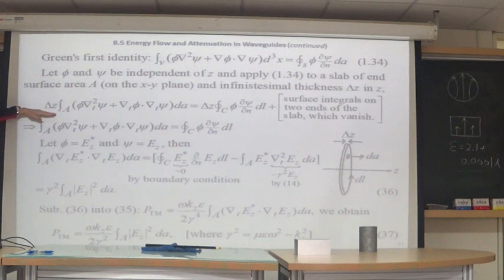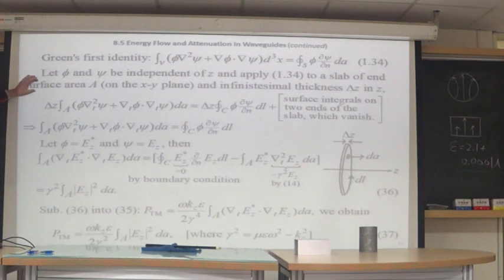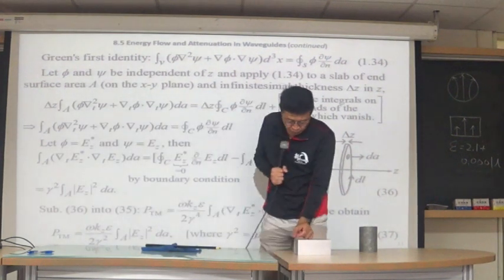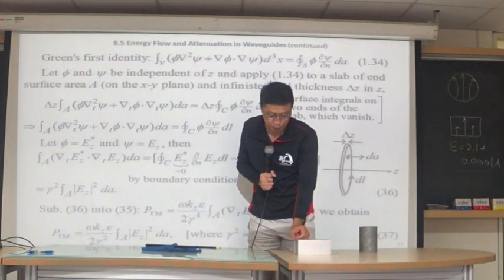We are going to use these properties of Green's first identity. Let phi and psi be independent of z, and apply this equation 1.34 to a slab of cross-sectional surface A. Just consider a small slab.